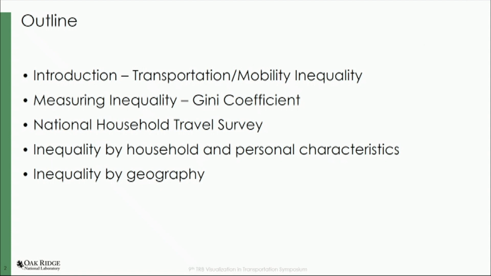And then we'll be applying the Gini Coefficient to evaluate mobility inequality. I'll give a brief introduction of the National Household Travel Survey and the data, and then I'll show some preliminary results of what we got in terms of inequality of mobility by different demographic and socio-economic characteristics.